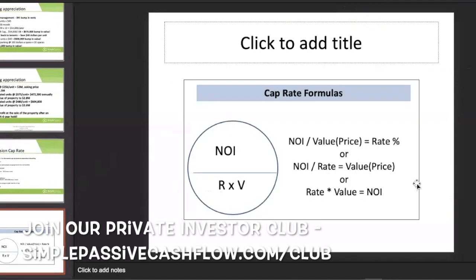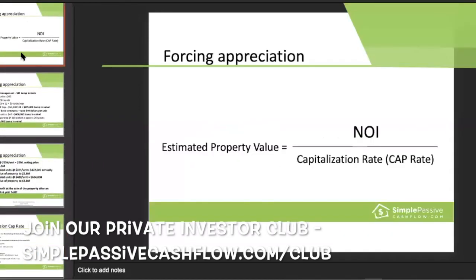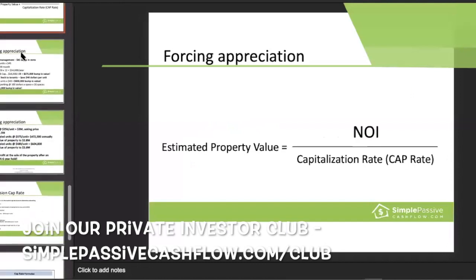The cap rate formula here is sort of the same thing: NOI divided by the value equals the cap rate. This is just algebra. We just moved around the formulas from this main foundational formula.